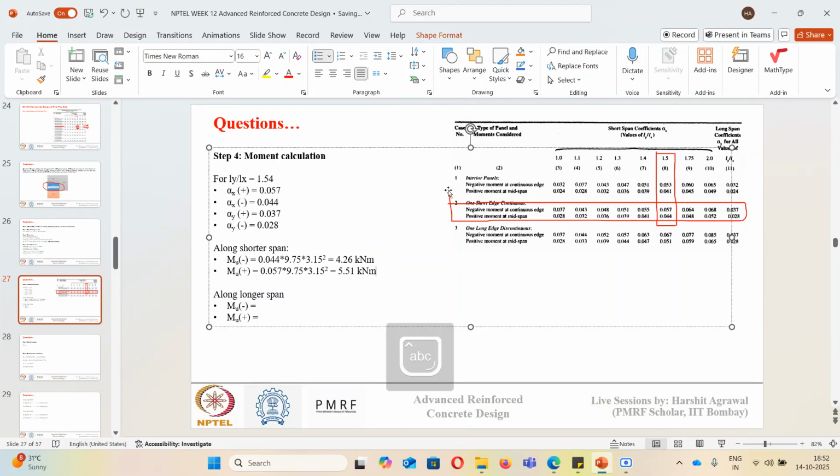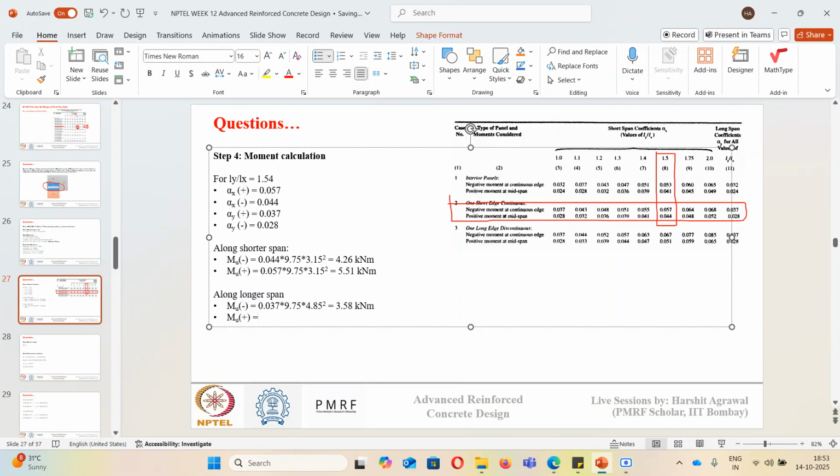Then along the longer span, again it will be a positive moment: 0.037 times 9.75 times 4.85 square. So it will be 3.58 kilonewton meter.